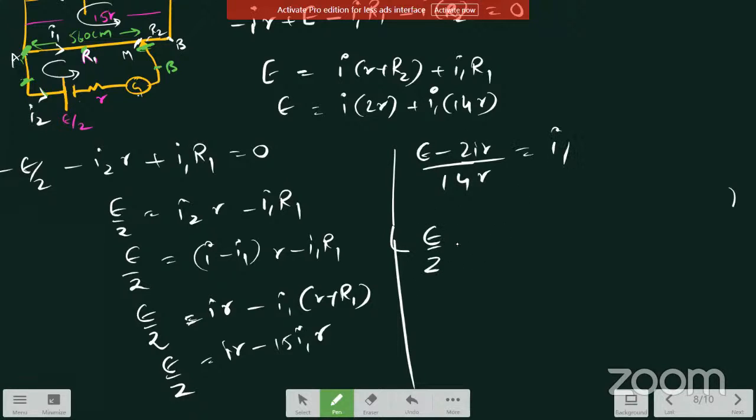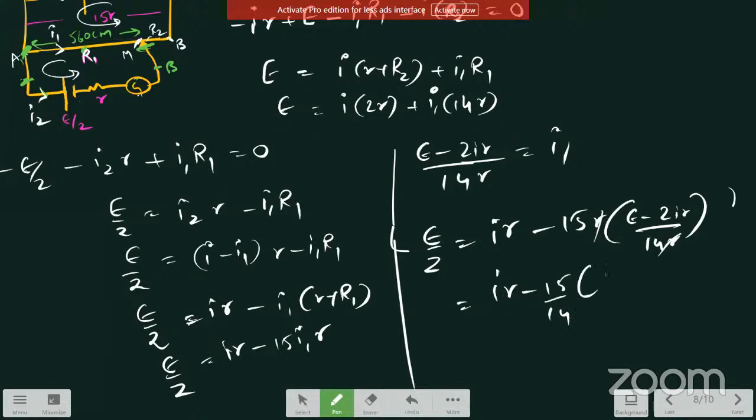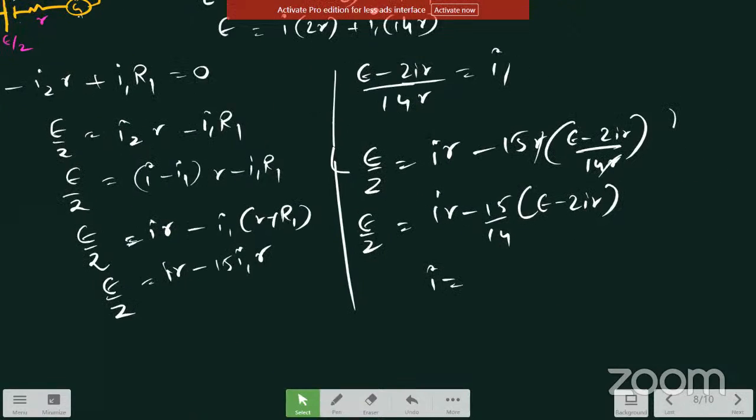E by 2 equals IR minus 15R into I1, substituted with E minus 2IR by 14R. So here R cancels, and IR minus 15 by 14 (E minus 2IR) is E by 2. By solving like this, you will get the I value. Will someone do it?